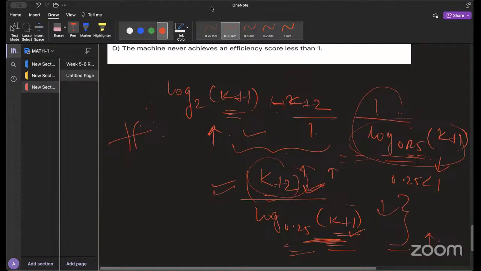You want me to do it here or can we just move to the next options? Ma'am, how k plus 2 is dominating denominator?